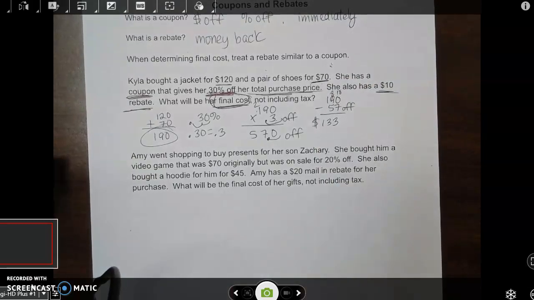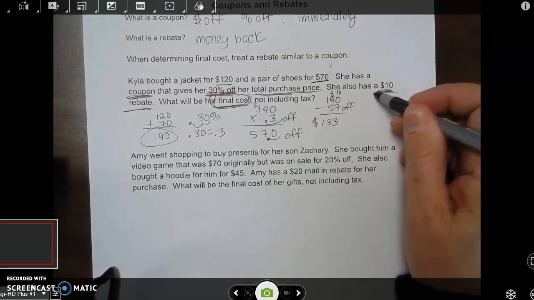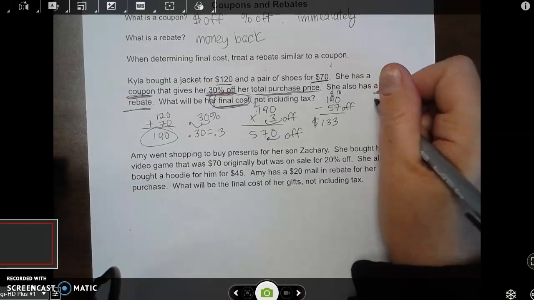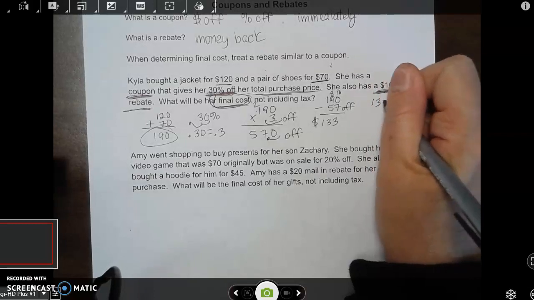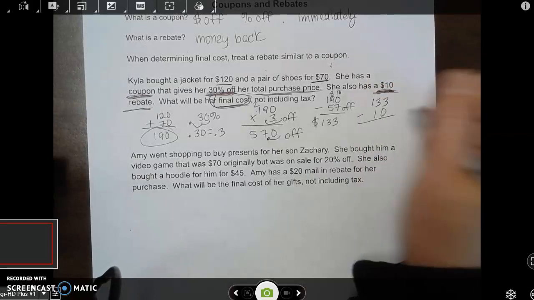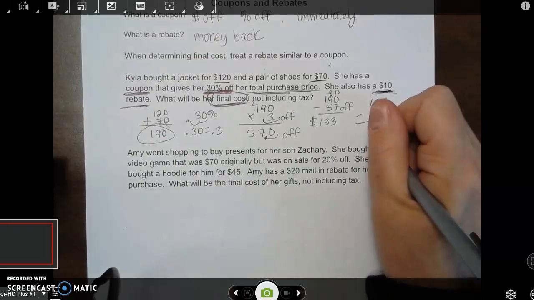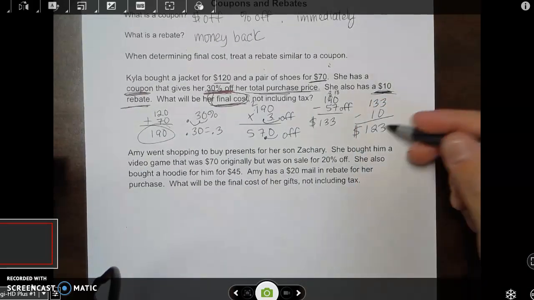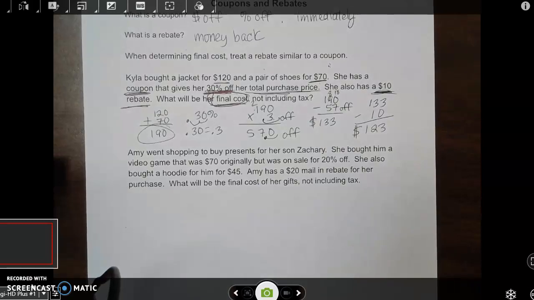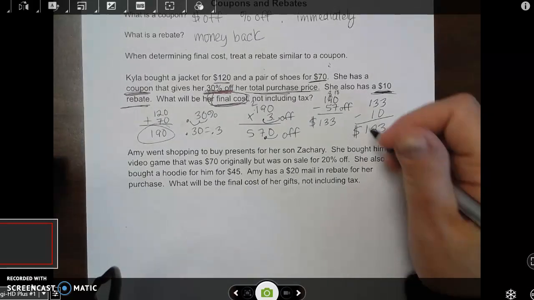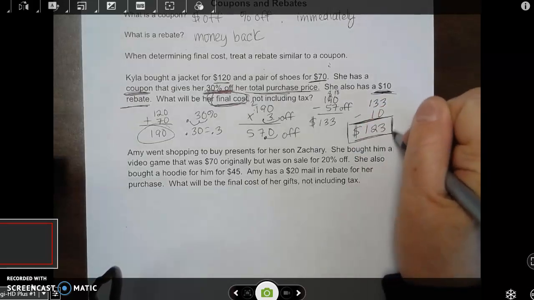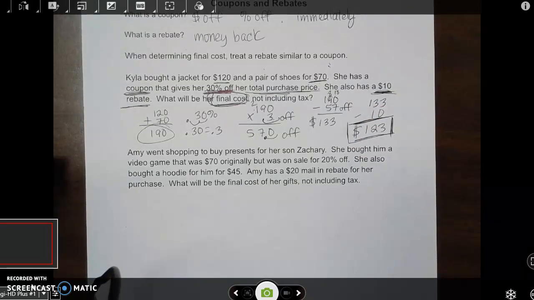Oh, but don't forget we also have a rebate. So I'm treating that like a coupon so that it's showing me basically my final cost is going to be $123. When it's all said and done, I'm going to end up spending $123. And we're not going to have to mess with the tax. So there is our final cost.